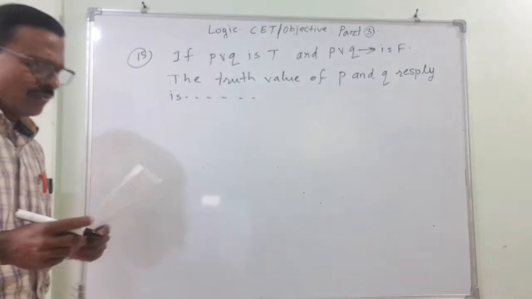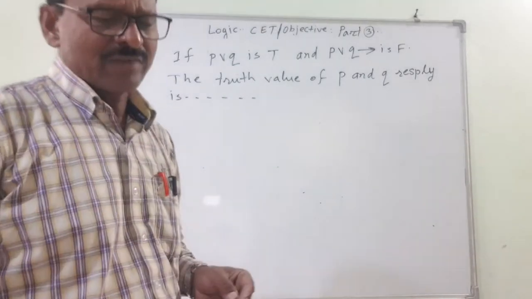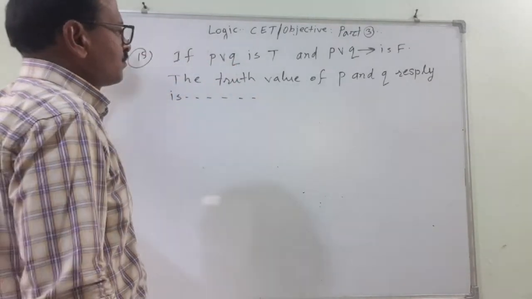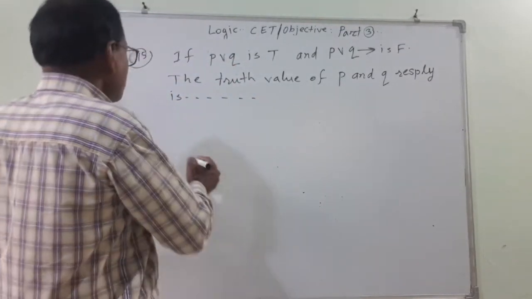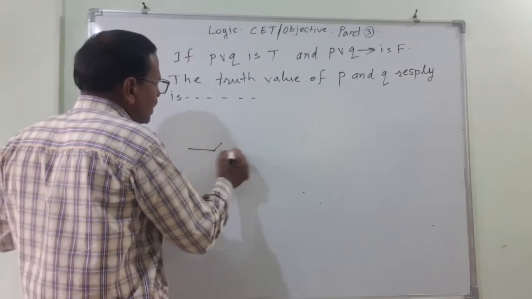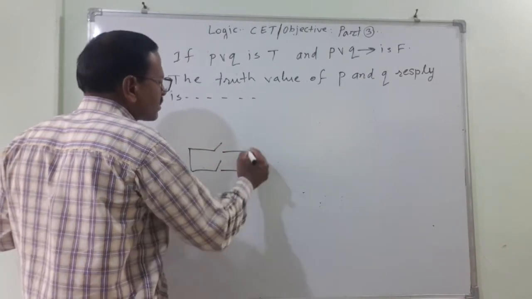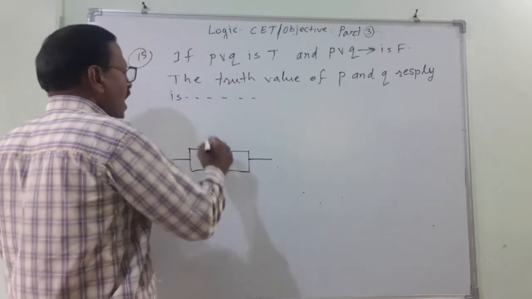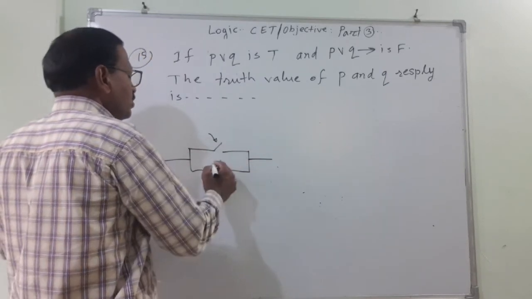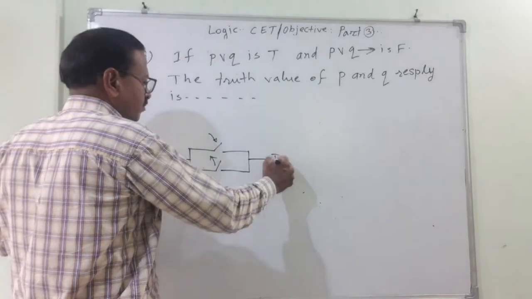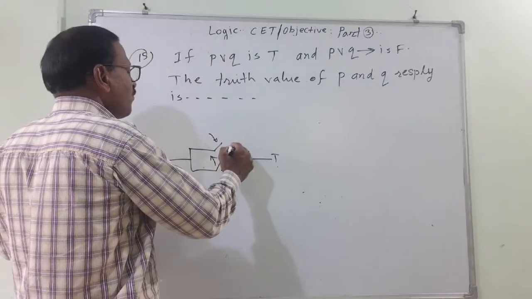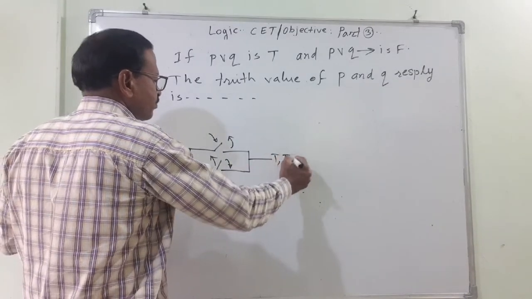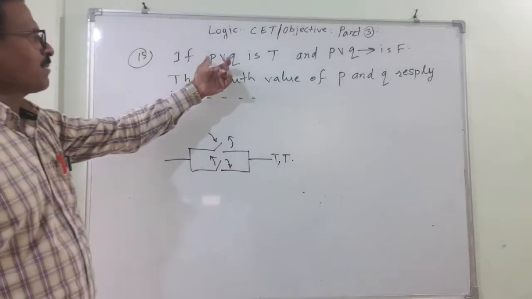Now what we know from this is that first of all I have to see P or Q is true. P or Q is true, that means P is like this, Q is like this way. This is true, this is false, then again true. If this is false and this is true, then again true. Means for this it's a parallel circuit.